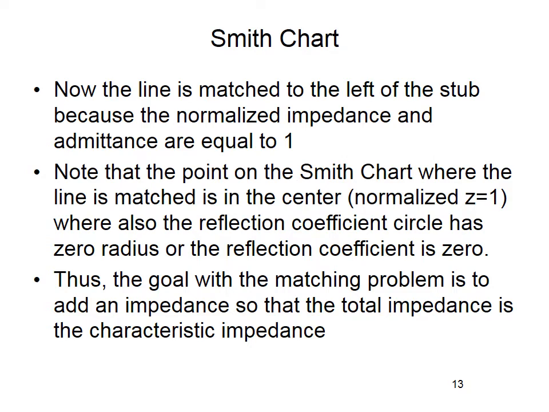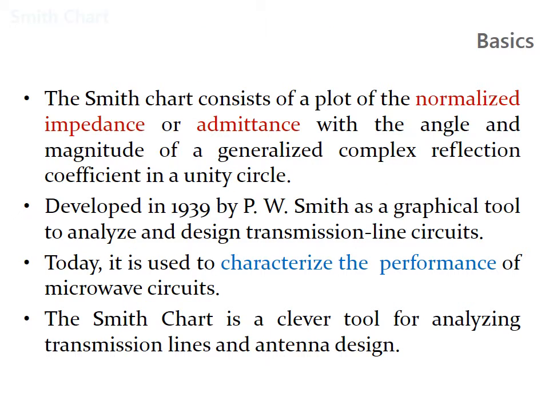The goal is matching: you add impedances so that the total impedance is the characteristic impedance. In short, the Smith chart consists of a plot of normalized impedance or admittance. With the help of that, the angle and magnitude of the reflection coefficient are generalized in the unit circle.